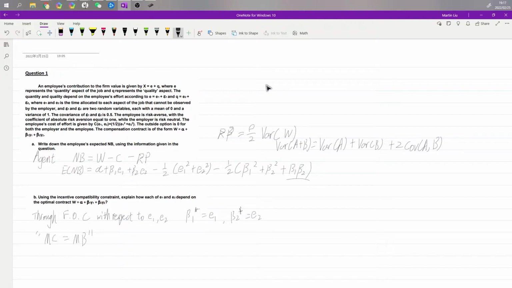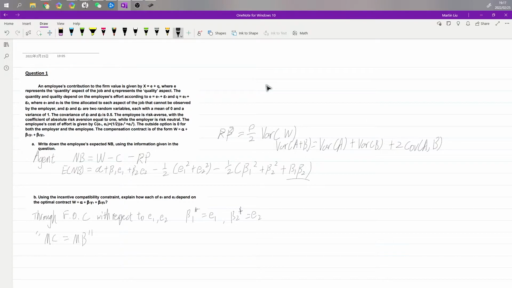It's a little bit hard for the reader to interpret what is going on, because the short forms MC, MB could apply to a lot of different things, and writing the whole word out isn't that hard for you. So in the exam, just simply mention marginal cost is equal to marginal benefits, and that concludes this question.